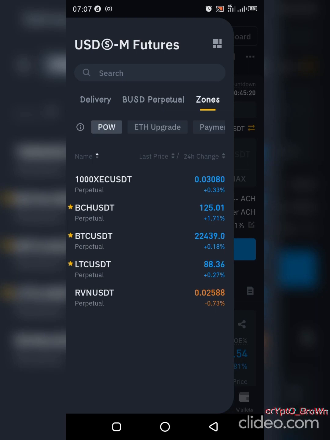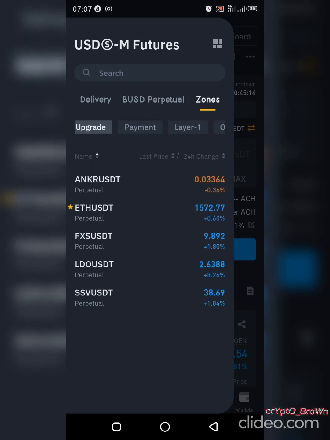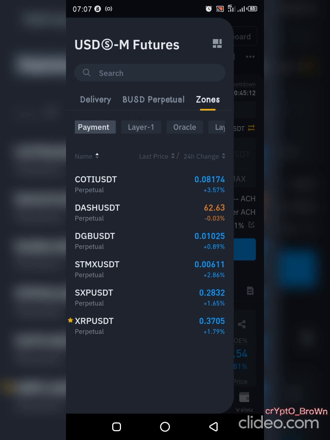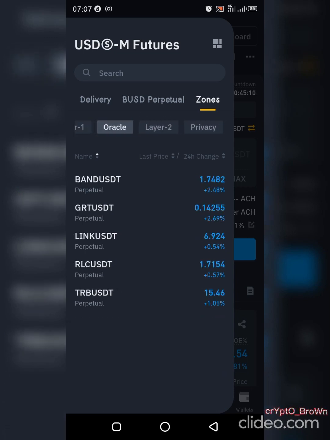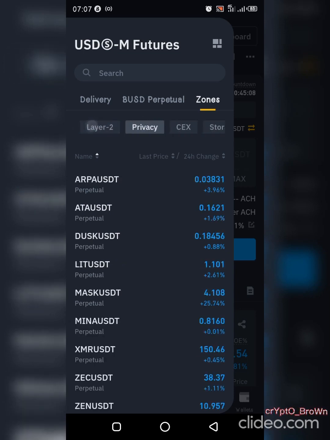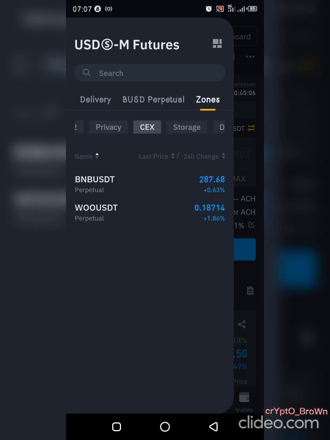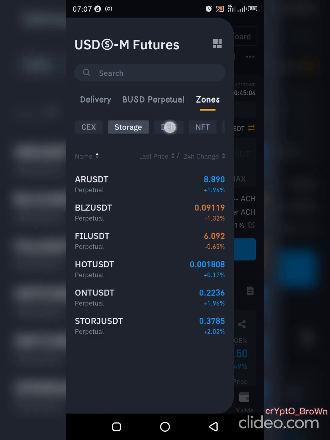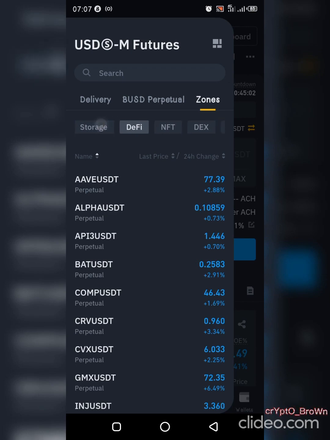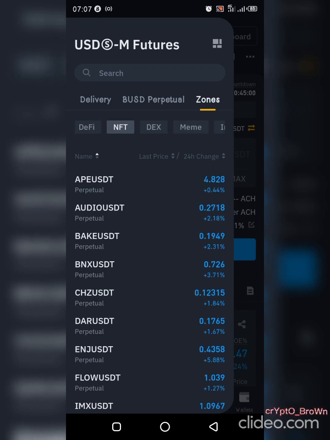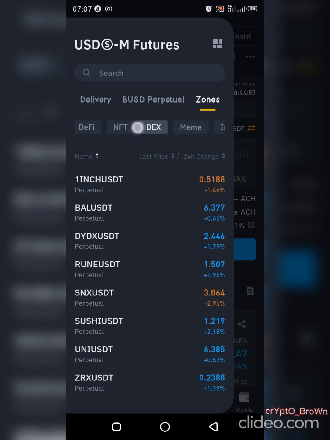We have the proof of work zone, so all these pairs are based on proof of work. We have Ethereum upgrade, payment, layer 1 zone, Oracle, layer 2, privacy zone, centralized exchange, storage, DeFi, decentralized finance, NFT, non-fungible tokens, decentralized exchange.